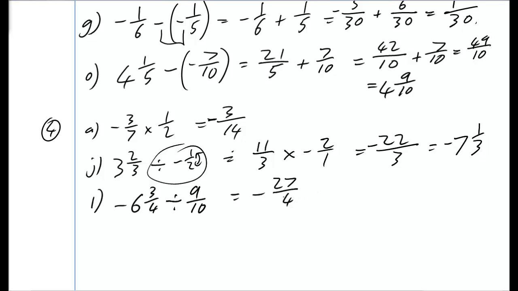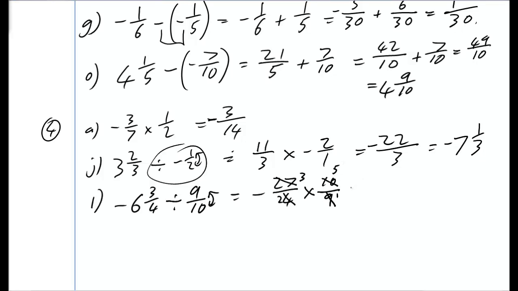And we change the divide into a multiply by swapping these two numbers upside down, so multiplied by 10 over 9. What will cancel? 9 goes into 27 3 times, and 2 goes into 4 twice, and goes into 10 5 times.